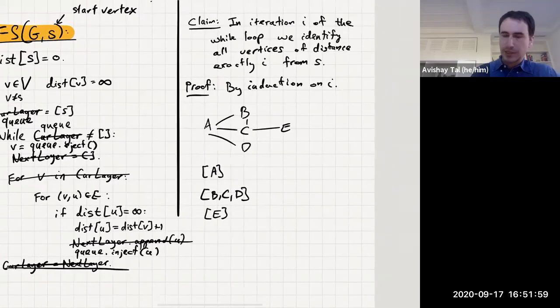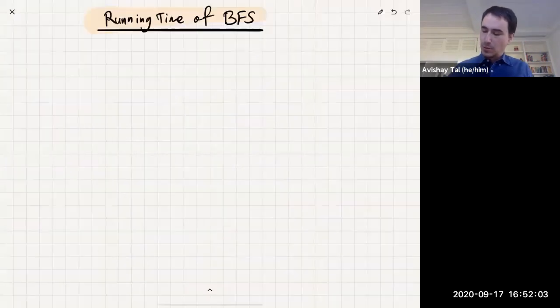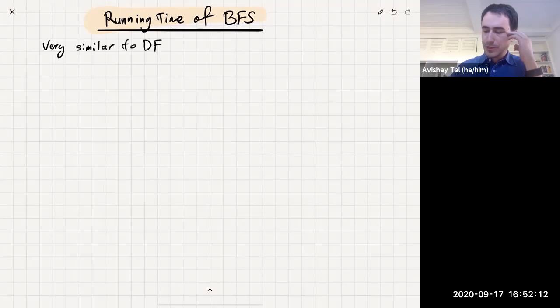So next, what is the running time of BFS? Well, this is very similar to DFS. How did we argue about DFS? We just looked at how many times we process a vertex and how many times we process an edge, right?